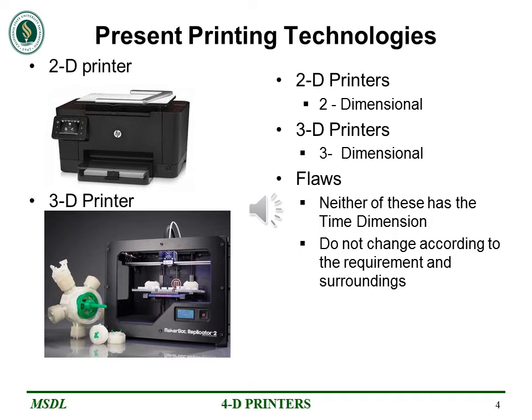But there are some flaws in this too, and these flaws came to light because of 4D printer technology. Neither of these has time as its dimension. Because of this, an object cannot change itself according to the requirements or the surroundings.